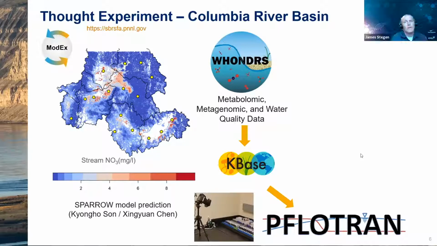Yeah, and related to that, we had an example that Xingyan was heavily involved in, of putting observation locations into a numerical model, and then asking, if we have observations in these places and observations of particular kinds of data, how much information does that give us in terms of how the system is functioning?